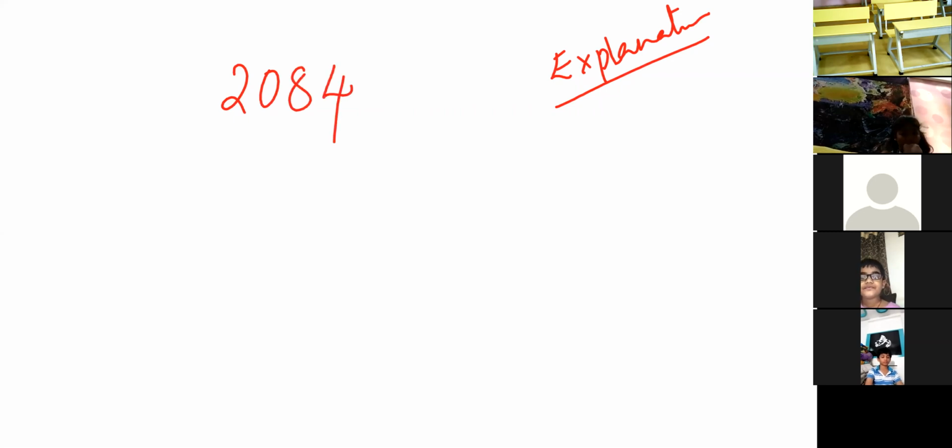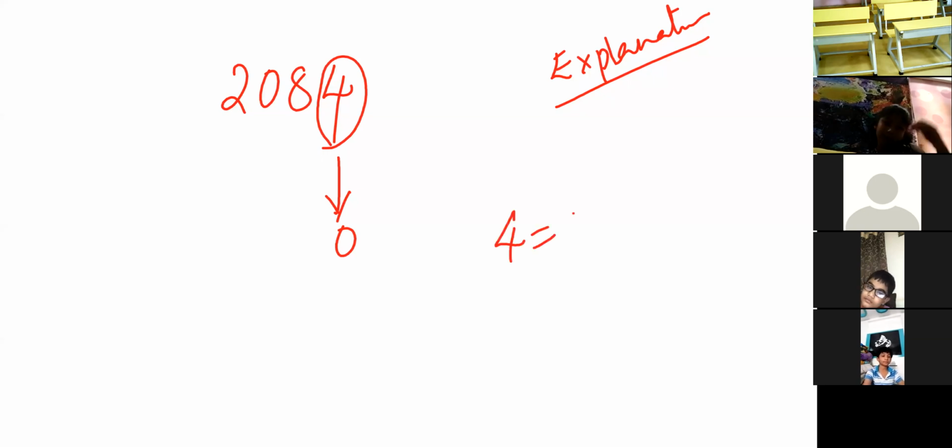2,084 I have taken here. Now I have to round off this number to its nearest 10. What I have to do? You have to check the ones place digit. Then start checking the ones place digit, whether it is less than 4 or greater than 4 or equal to 4. It is equal to 4.